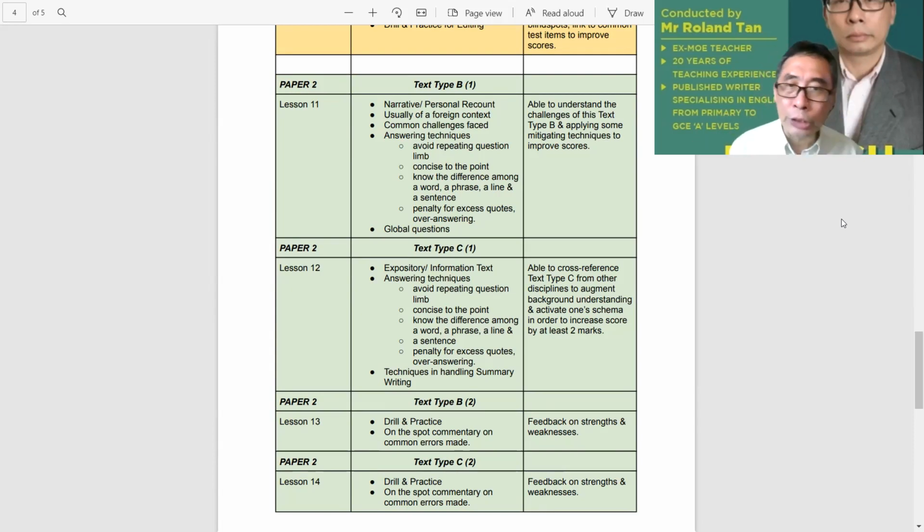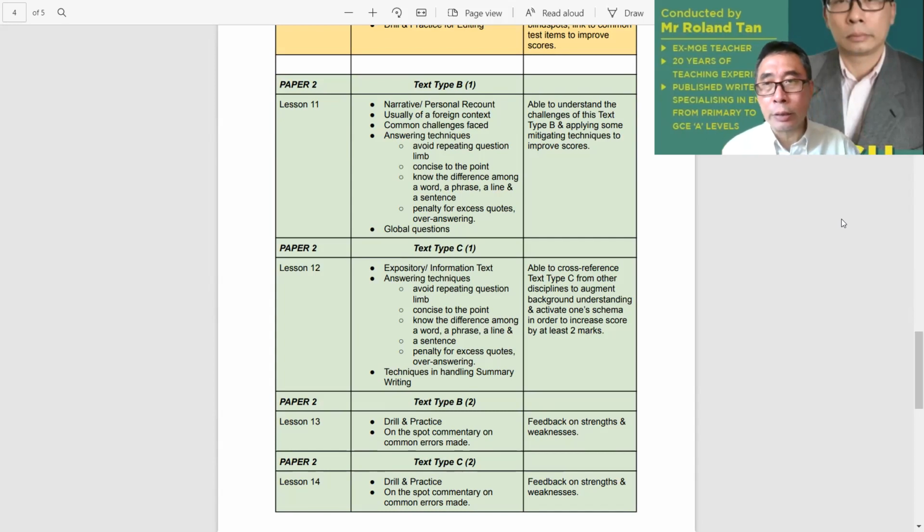Avoid repeating the question, be concise and to the point, and know the difference among a word, a phrase, a line, and a sentence. There is a penalty for excess quotes or over-answering, which students should be mindful of.